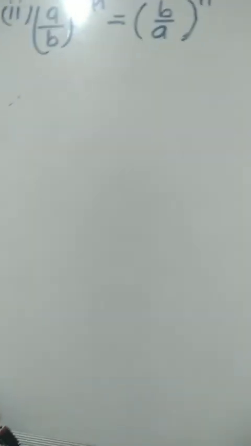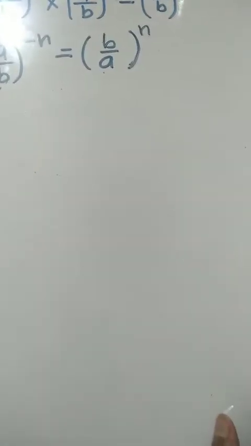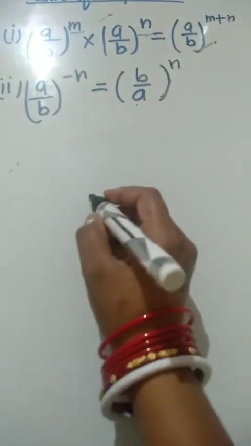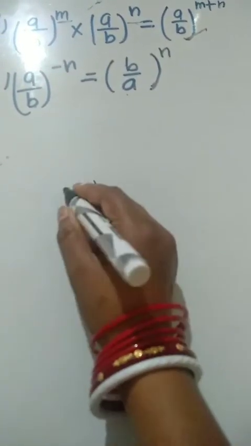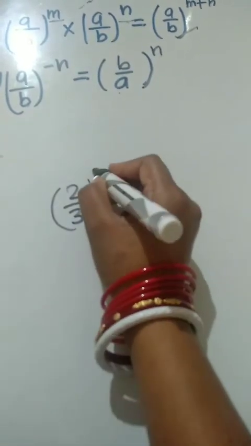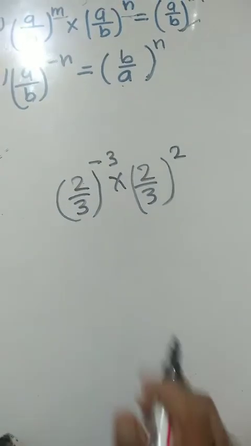Okay, one more question related to the first formula. Suppose we have (2/3)^(-3) into (2/3)^2. In this, the power of the first 2/3 is minus 3 and of this one is 2. So how to solve?